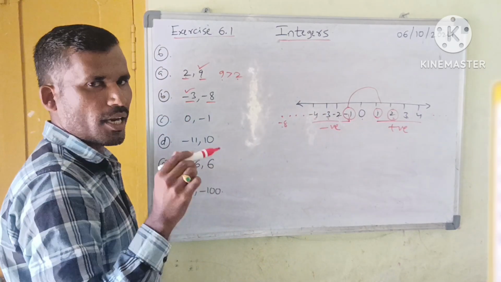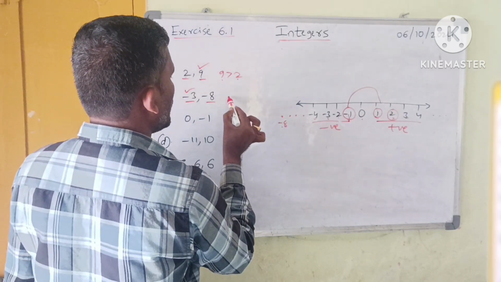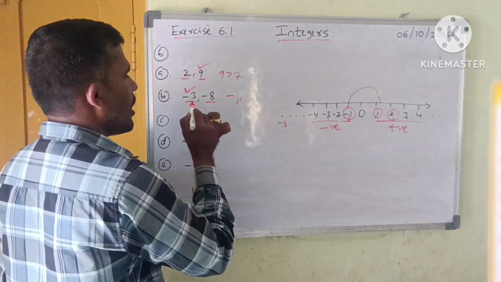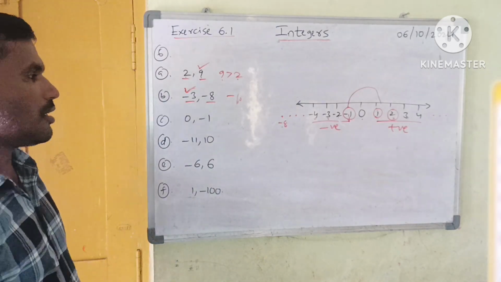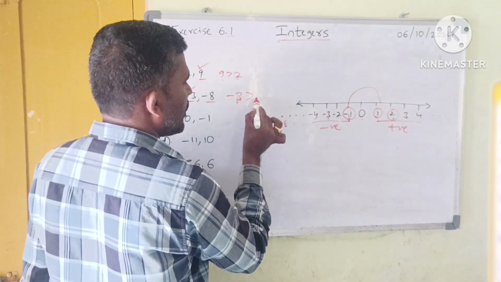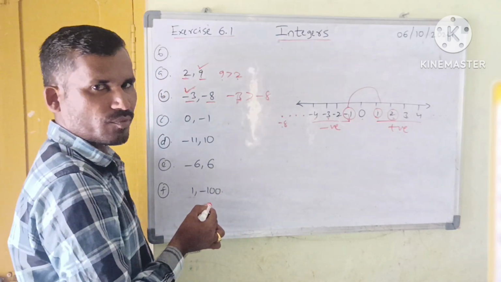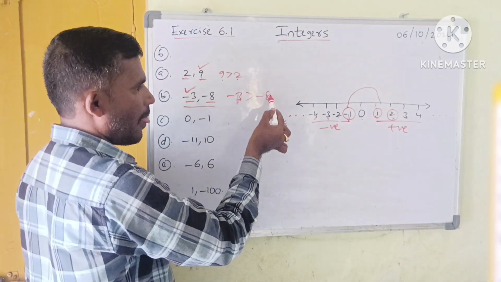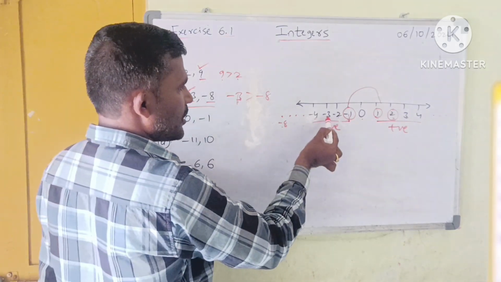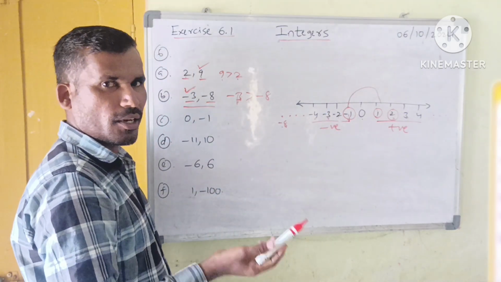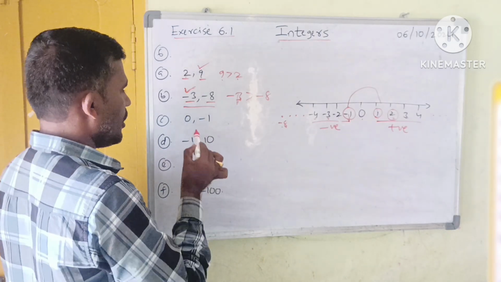He asked which is the right side, so that's why -3 is right side to the -8. One more thing, -3 is greater than -8, because -3 is right side to the -8. Whenever right side, definitely it is greater value.